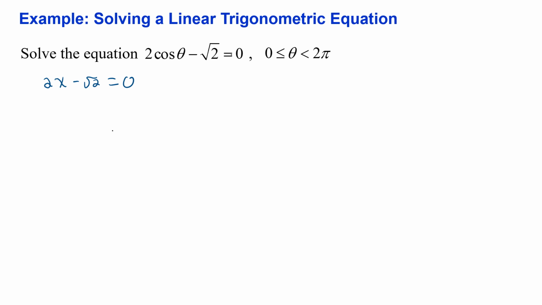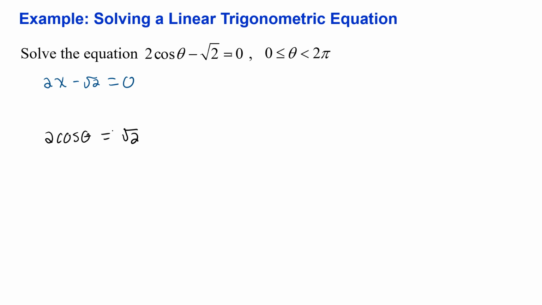Now keep in mind when we're solving a linear equation, we isolate the variable on one side of the equation. We're going to do the same thing here. When solving a linear trigonometric equation, the first part of the process is to isolate the trigonometric function. So for this example, our first step would be adding square root 2 to both sides and writing an equivalent equation of 2 times cosine of theta equals square root 2.